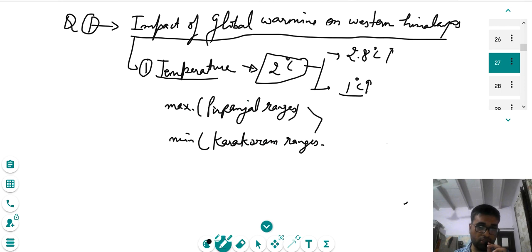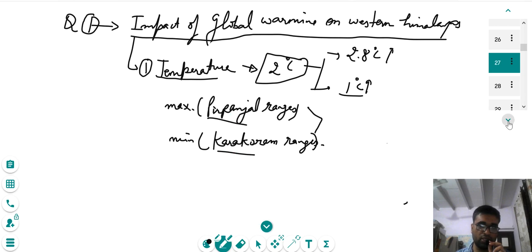The reason for the difference between the maximum increase in Pir Panjal ranges and minimum increase in the Karakoram ranges is still being understood. It is not clear why there are so many peculiarities between the two ranges. So this is the first aspect, that is the temperature increase.